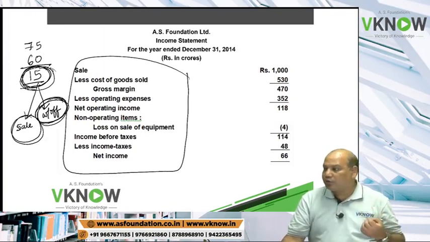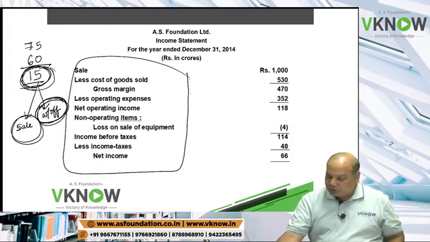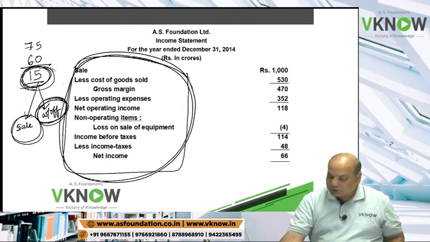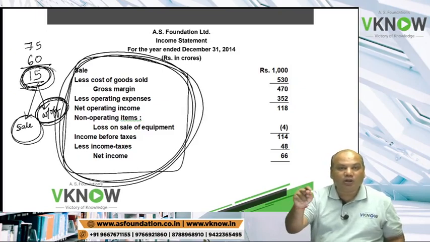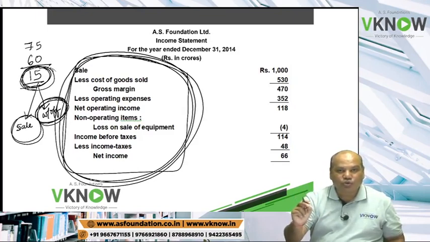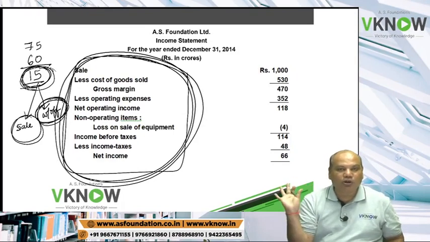Why no profit or no loss? The reason being, if there was any profit or loss on sale of investment, it would have appeared in the P&L account, but it is not appearing. It means the investment was sold at book value only. No profit, no loss.